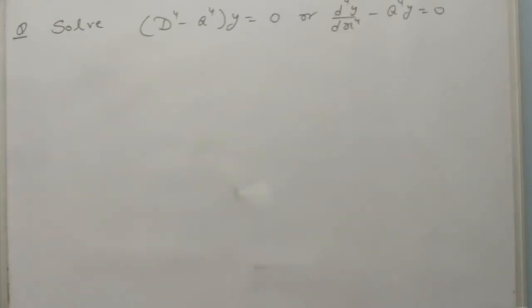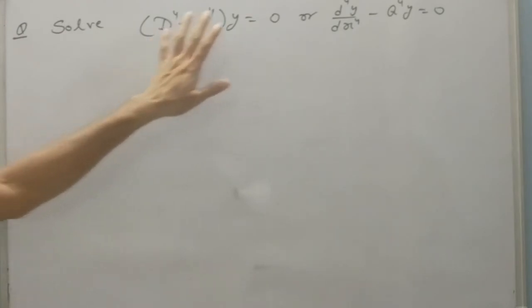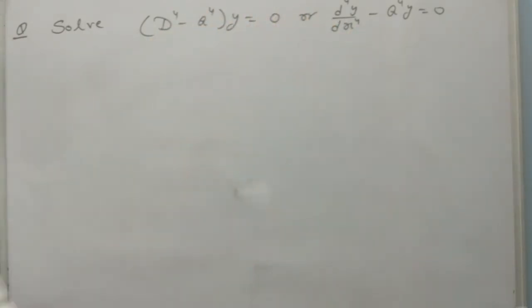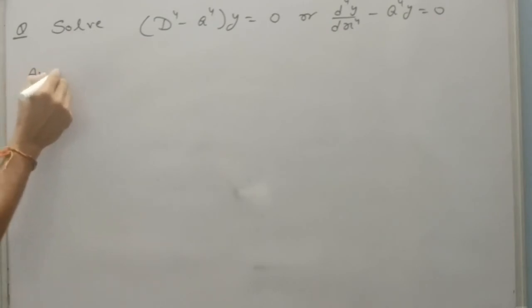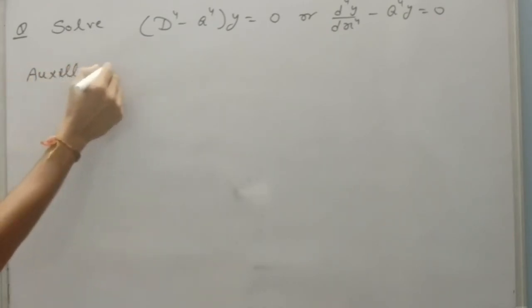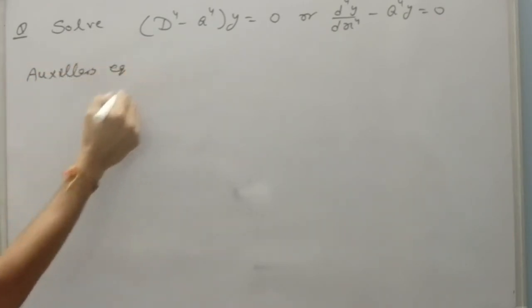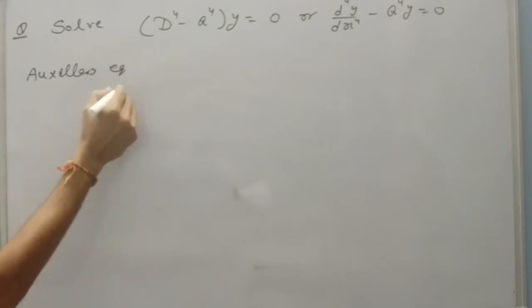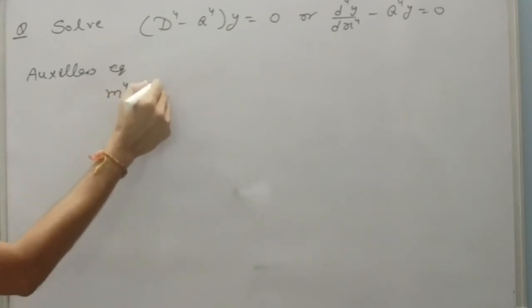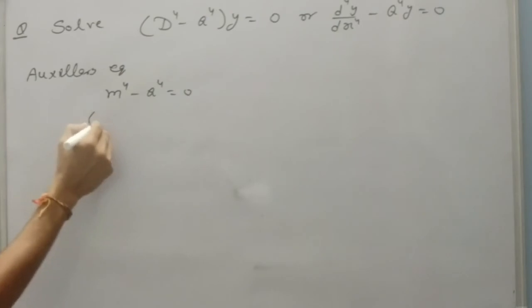Here is another question. Solve the equation D to the power 4 minus a to the power 4 of y is equal to 0. This equation can be written as this one also. So now the auxiliary equation is, by putting D is equal to m, I can say m to the power 4 minus a to the power 4 is equal to 0.